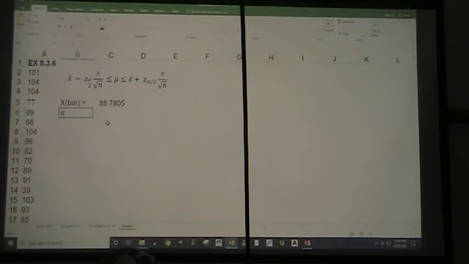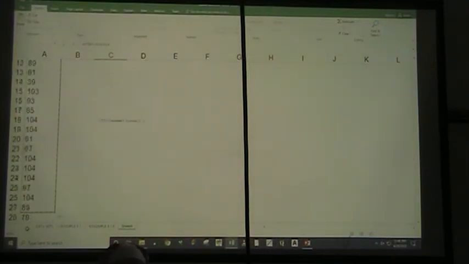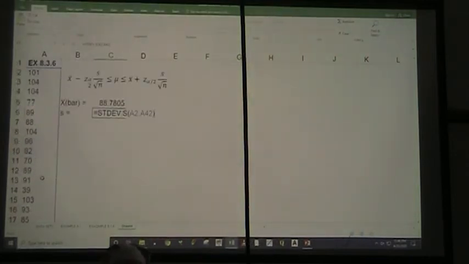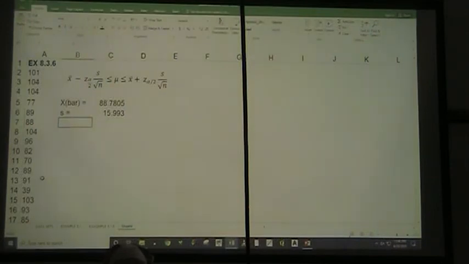We want to find our sample standard deviation equals STDEV.S, and again I just highlight all my numbers. And now, what else do I need?